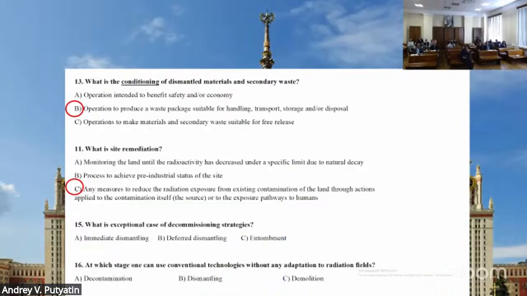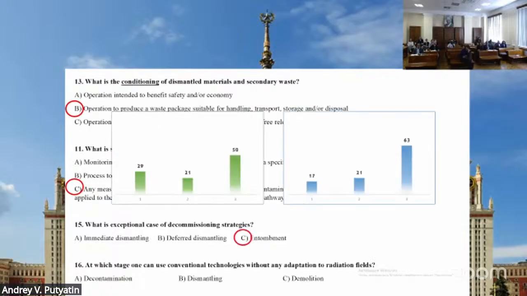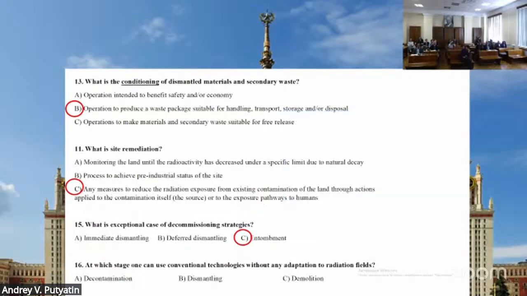So what is the exceptional case? And now we know that it is, of course, in situ decommissioning or entombment. So it's a very exceptional case, very specific. So at which stage can one use conventional technology?